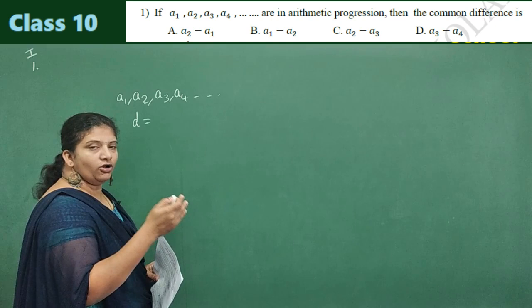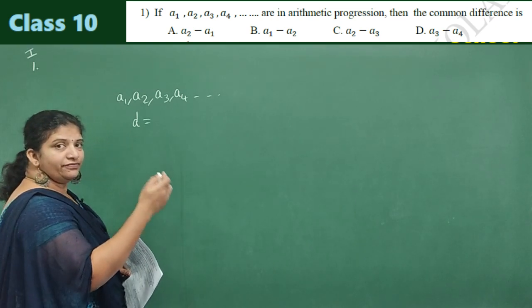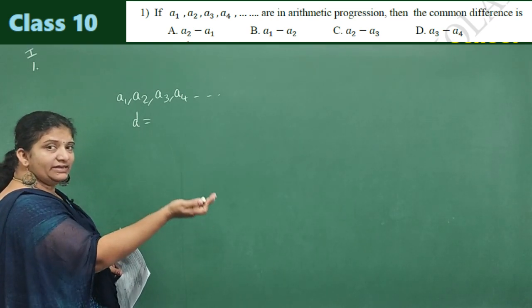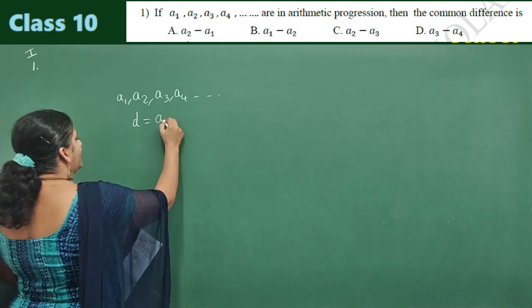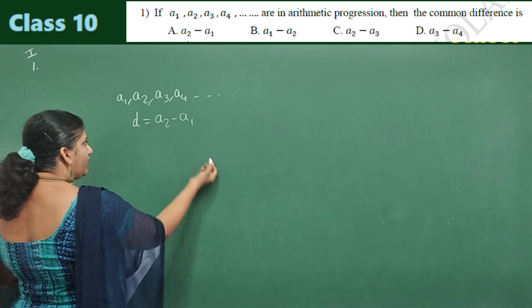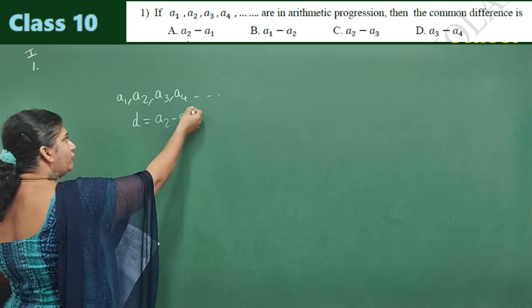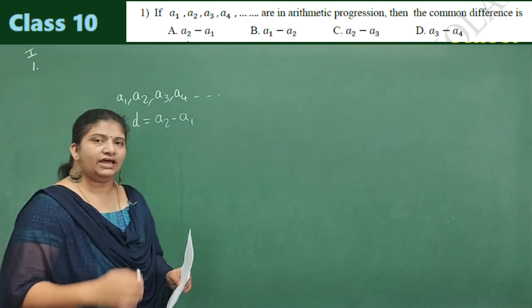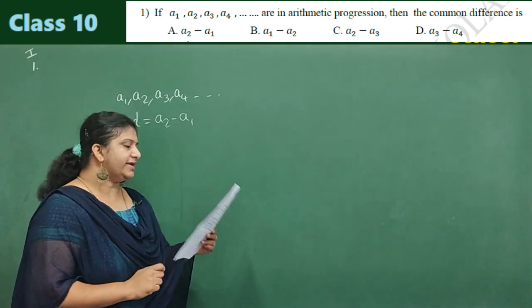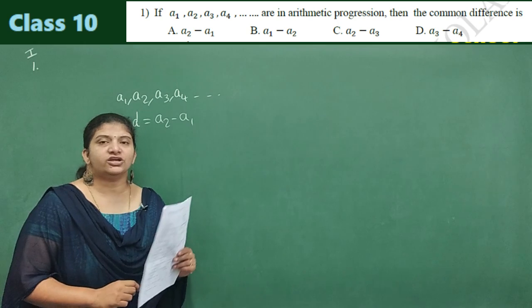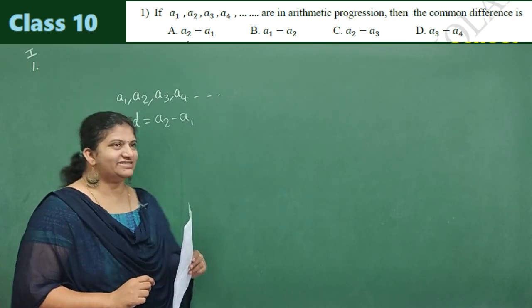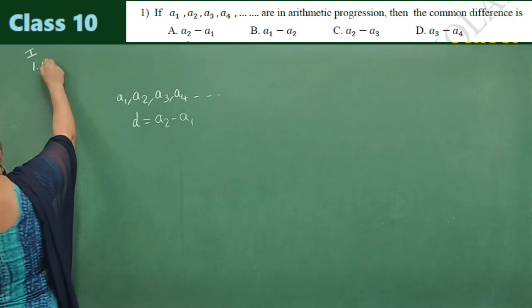We calculate common difference by the difference of the term and its preceding term. That is A2 minus A1, you can say, A3 minus A2, A4 minus A3. Anything is right. So let us see in our option, A2 minus A1. So your first answer is the right answer, option A.